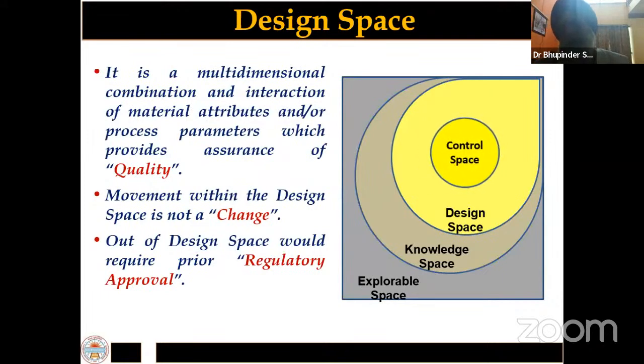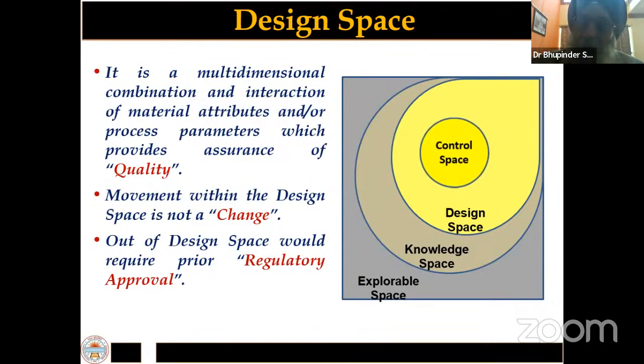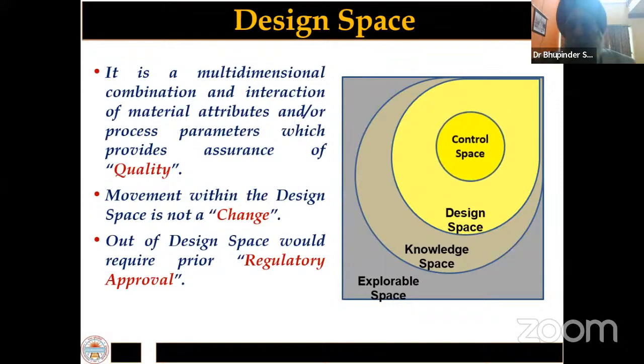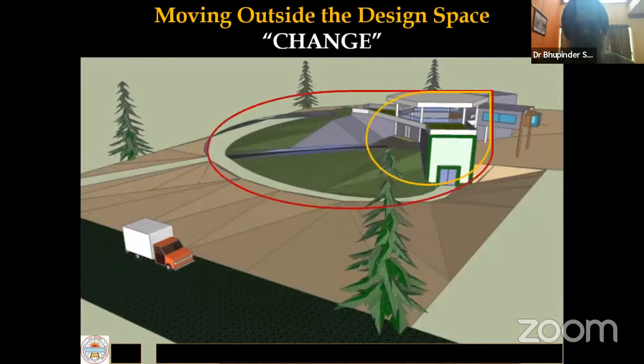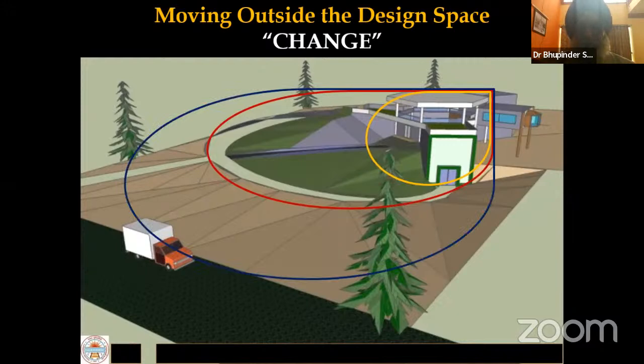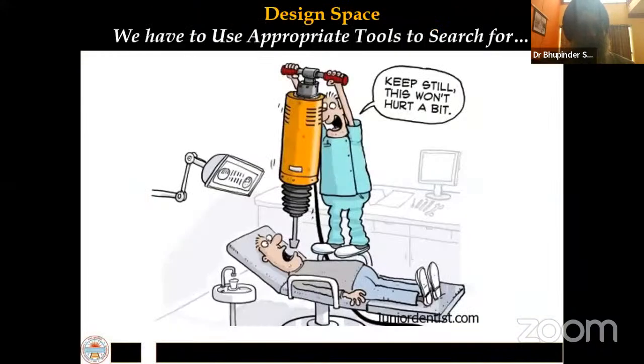But if you come out of the control space and remain within design space, nobody is going to challenge it and consider this as out of practice formulation. And this is one simile: you have to remain within the control space, but you can come out of that in the picturesque lawns once in a while, but do not go beyond that. So you have to choose appropriate tools to search for design space, as this guy is doing.